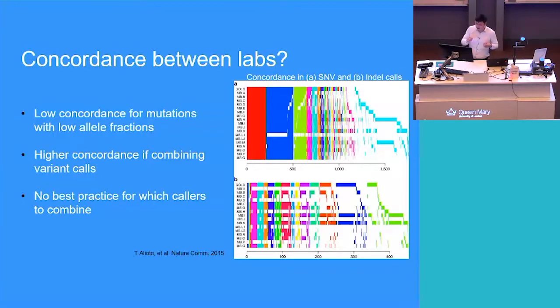And there could be low concordance between mutation calls where there are low allele fractions, right? But you could have higher concordance if you combine the variant calls. But generally, there was no best practice as to what limit for allele fraction to use or what variant calls to combine.